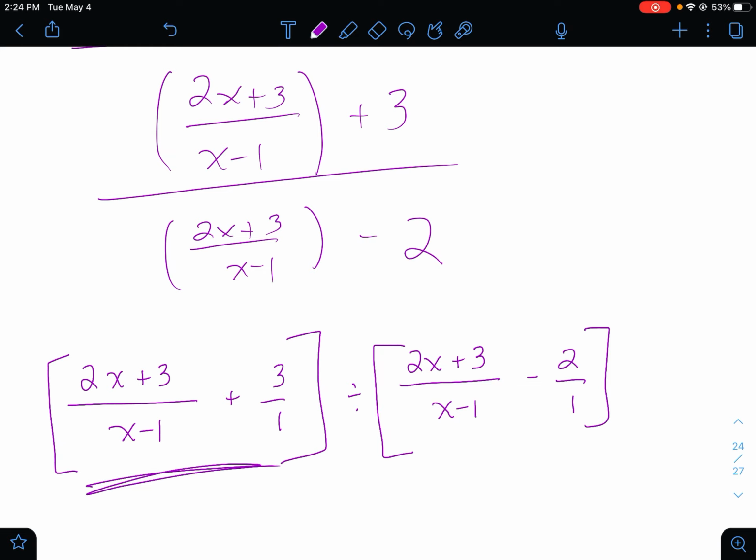Find a common denominator here, common denominator here. Once you get one fraction divided by one fraction, you keep, switch, flip.